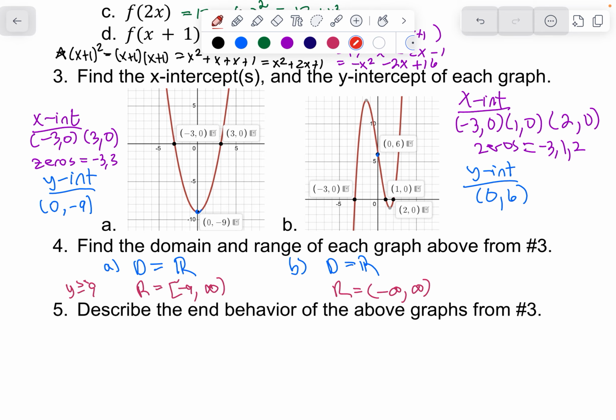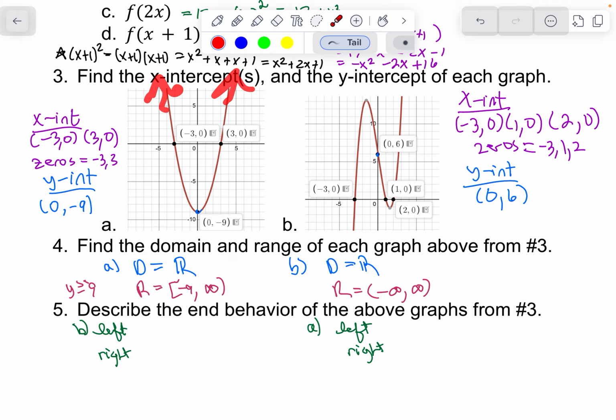Now, remember the notation, the left end and the right end. Let's talk about the notation. If you say that the left side of this graph goes to positive infinity and the right side of that graph goes to positive infinity, up, that's correct.